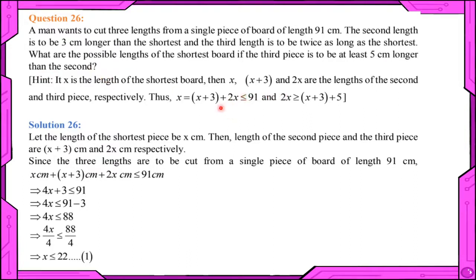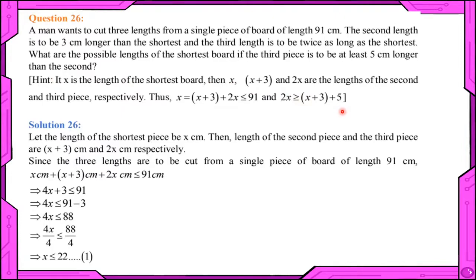Which is the third piece? The third piece is 2x. So they are saying the third piece is to be at least 5 centimeters longer than the second, meaning 2x is greater than or equal to x plus 3 plus 5.